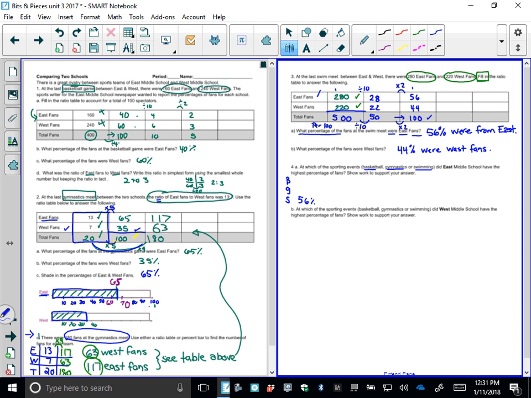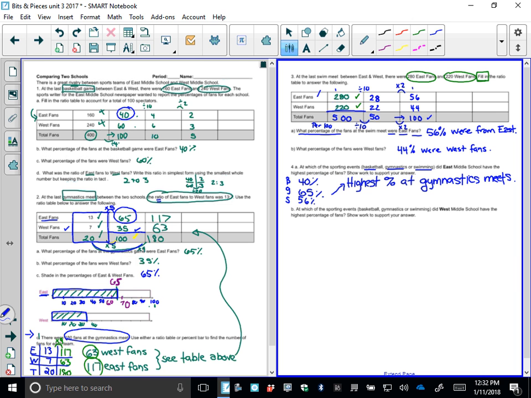East fans at the gymnastics meet had 65%. And at the basketball game, East fans had 40%. So it looks like they had the highest percentage at gymnastics meets. So that must be a popular sport at their school.